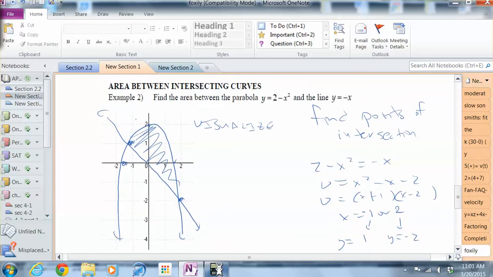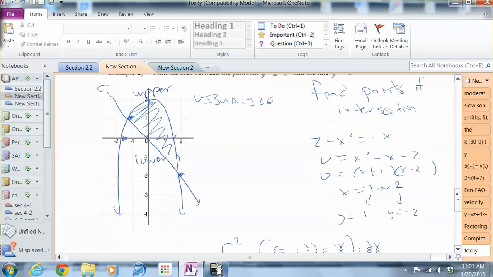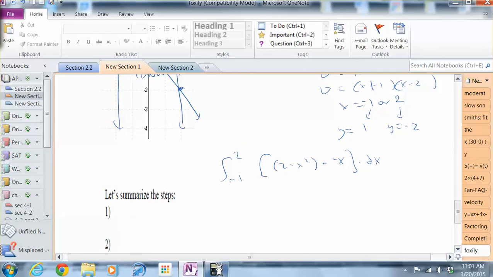Remember, this is the upper, the parabola. The line is lower. The line was -x, the parabola was 2 minus x squared, so it's 2 minus x squared minus -x. So to clean that up, it's -x squared plus x plus 2.